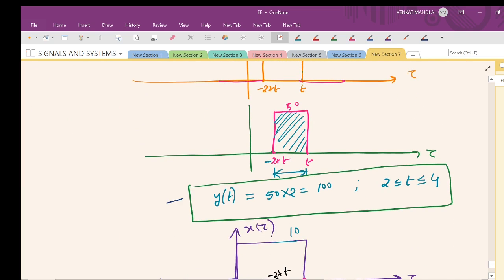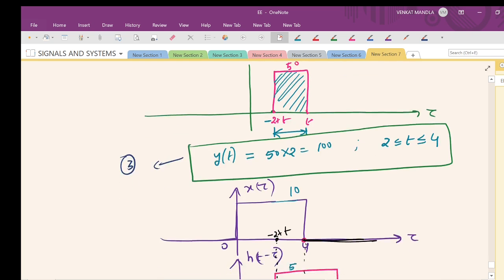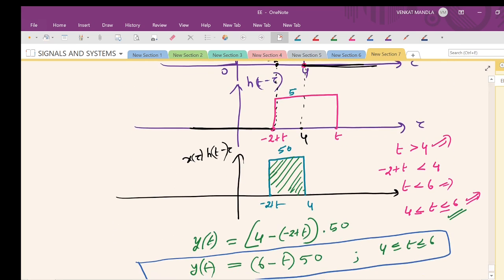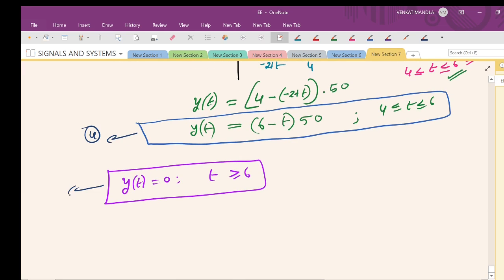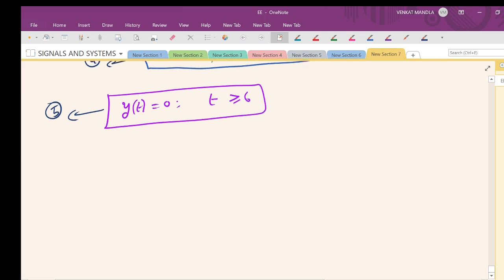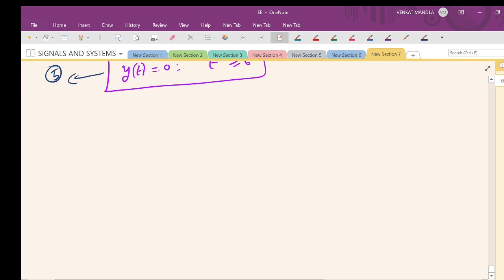The third one: y(t) equal to 100 for 2 to 4. The fourth one: y(t) equal to 6 minus t into 50 for 4 less than t less than 6. The fifth one: y(t) equal to 0 for t greater than or equal to 6. I will write all these things here.